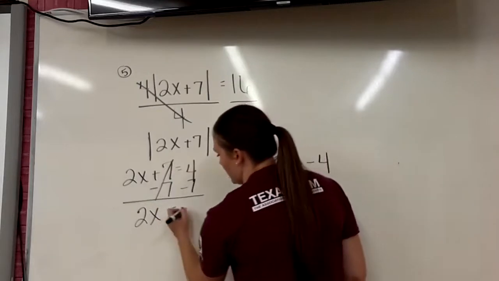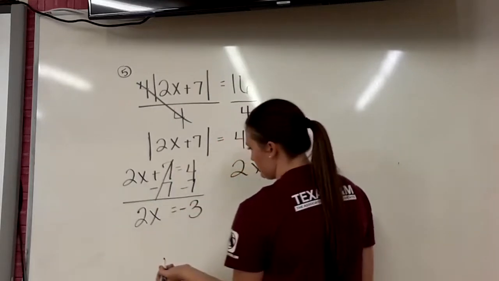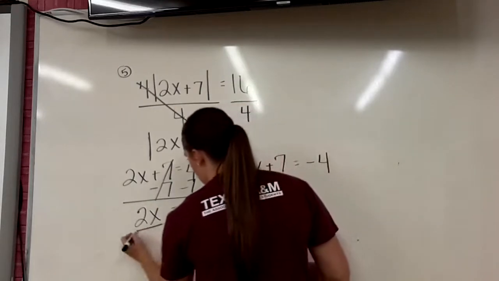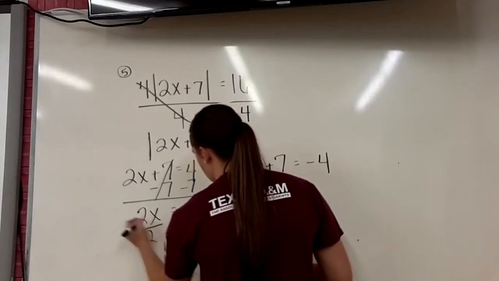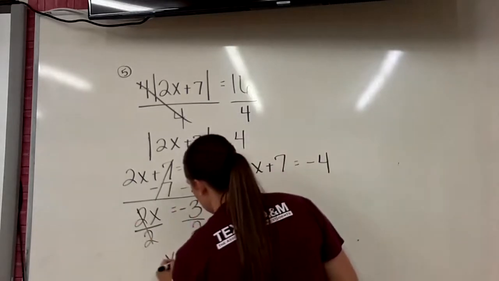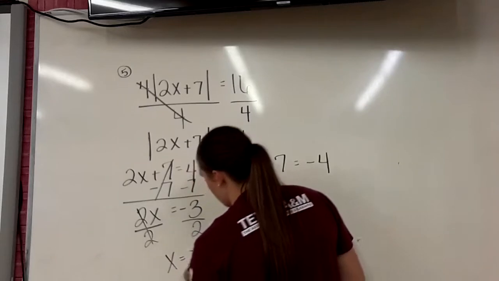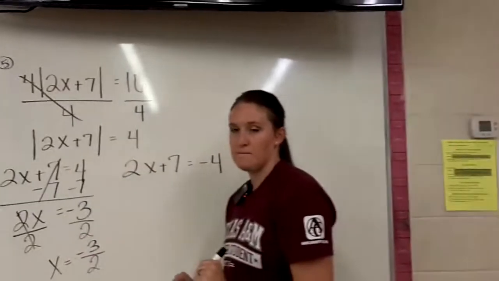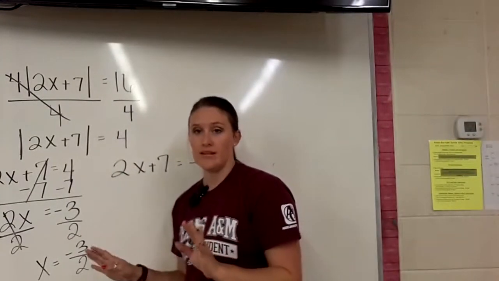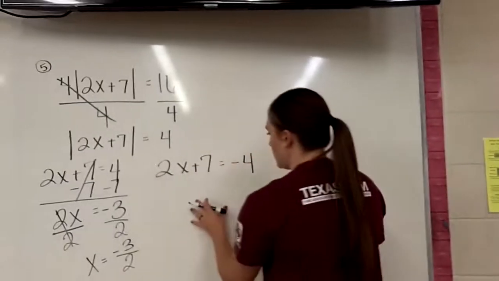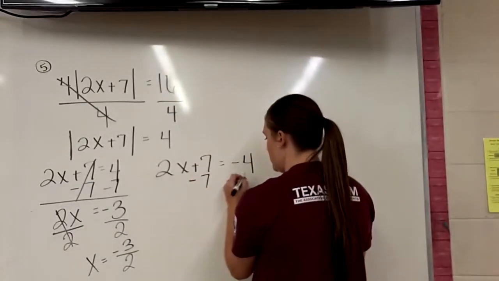4 minus 7 is negative 3. Then we divide by 2. And I'm just going to keep it negative 3 halves for right now. Okay? It's improper, but we'll leave it like that for now. So then over here, I subtract 7.